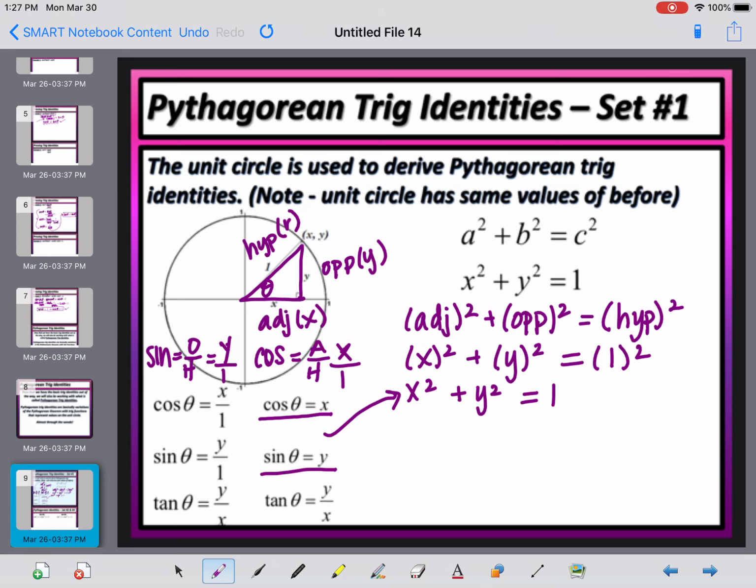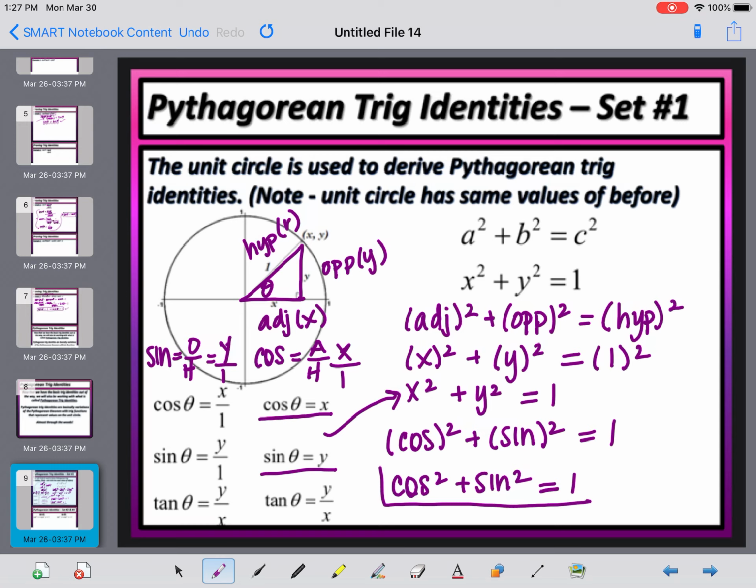So in this Pythagorean theorem here that I've created, I could now swap out the x and y for sine and cosine. Okay, and this brings me to my first and my original Pythagorean identity.